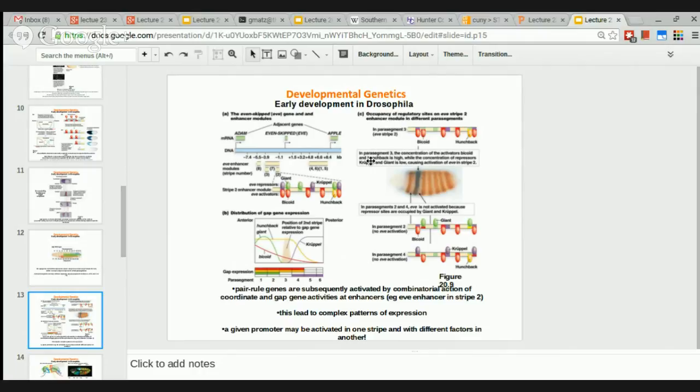And bicoid and hunchback also have binding sites, and they tend to activate transcription. And this element will only lead to transcription in places in the embryo that have low giant and Krüppel and high enough bicoid and hunchback. And this is the position of the second stripe in the embryo, and you see we have lots of hunchback, a little bit of bicoid, and virtually no giant and Krüppel, and therefore the gene is on.